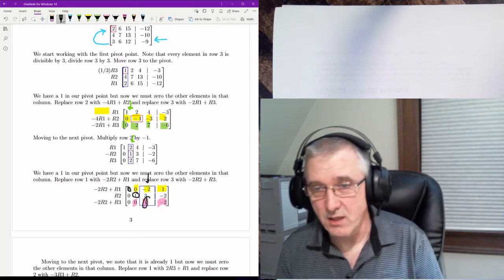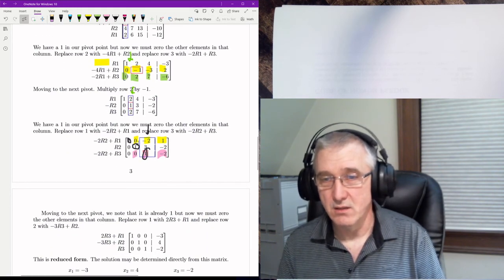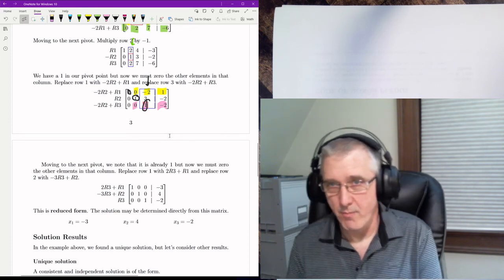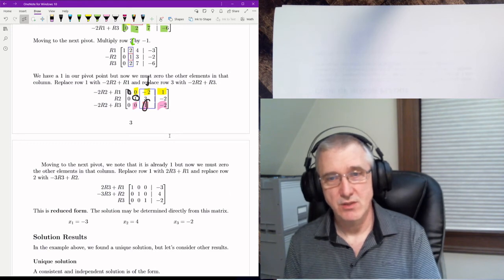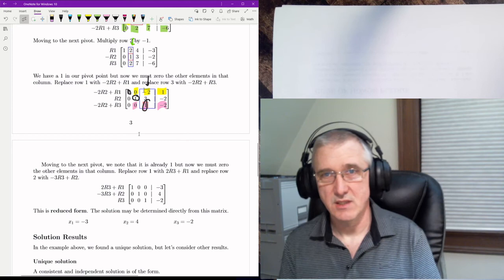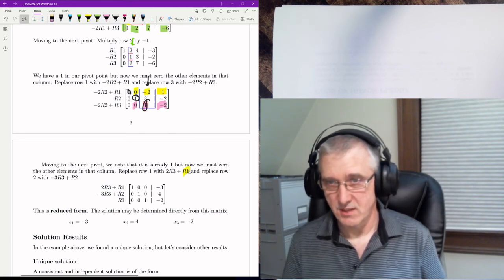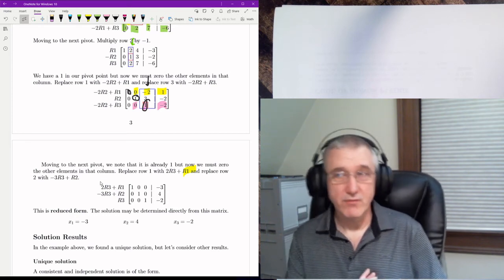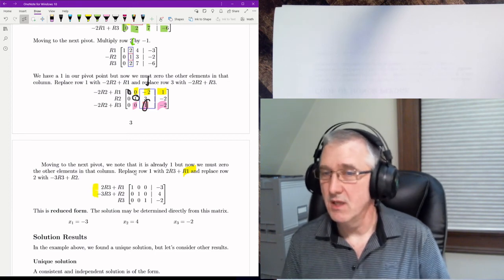We're going to do that by multiplying row 3 by 2 and adding it to row 1, and row 3 by -3 and adding it to row 2. That's what we're doing in this next step, as indicated. The best way to keep track of this for yourself, and for me when you're getting graded, is to write down your row operations.